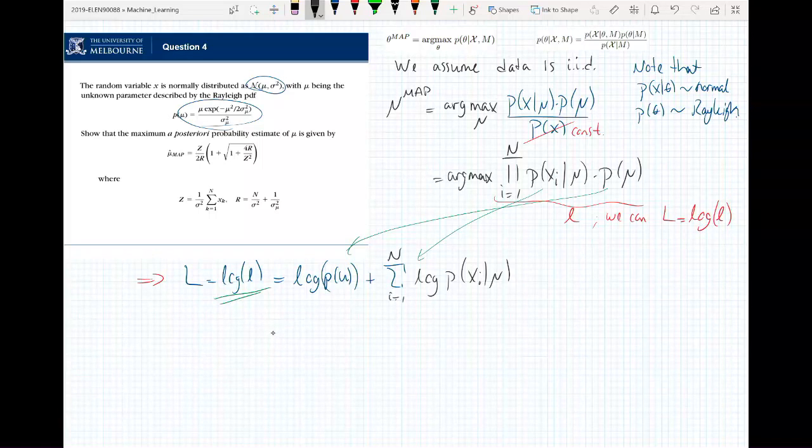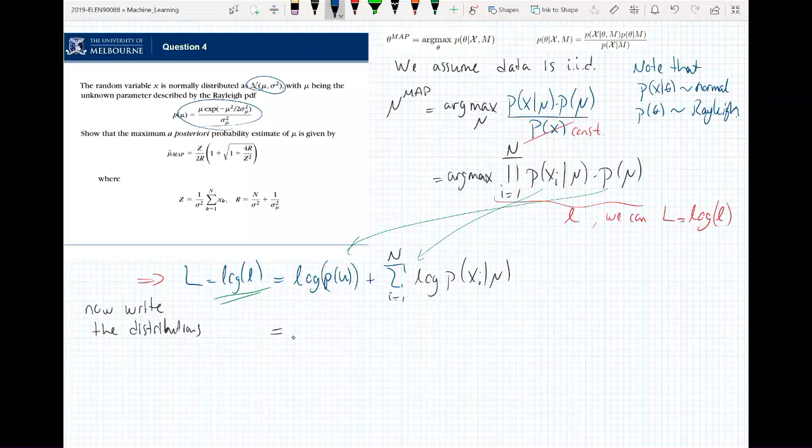So then I can write this as, now we write the actual equations, the distributions. Right, and once you write the distributions, p(mu) is given here, so you take the log expectation.